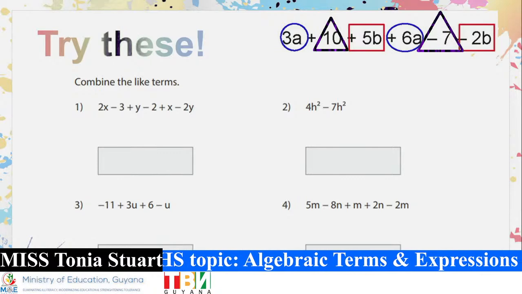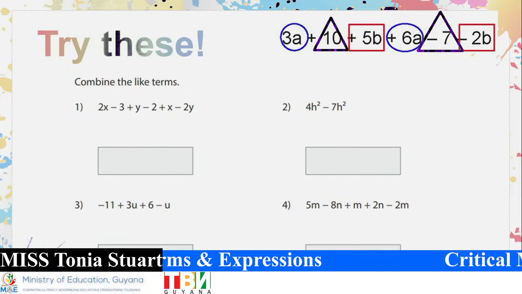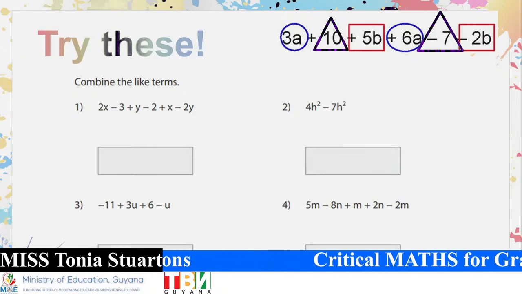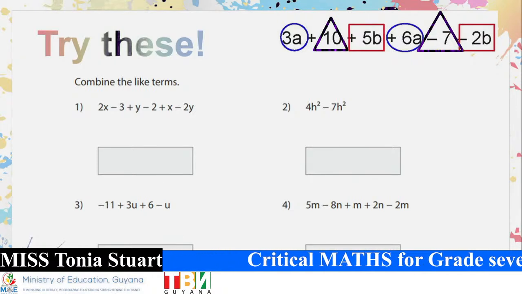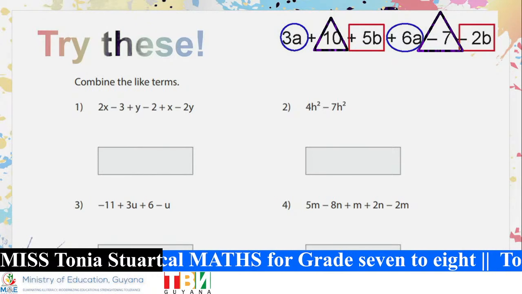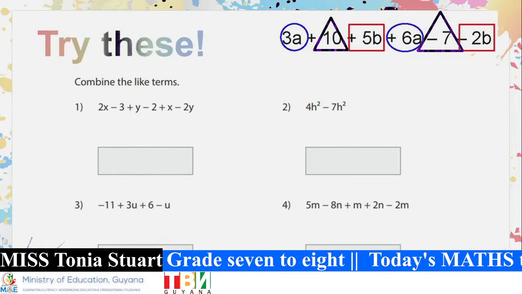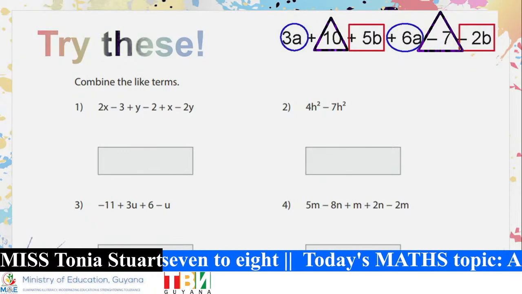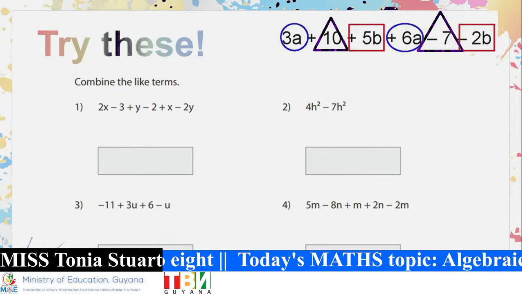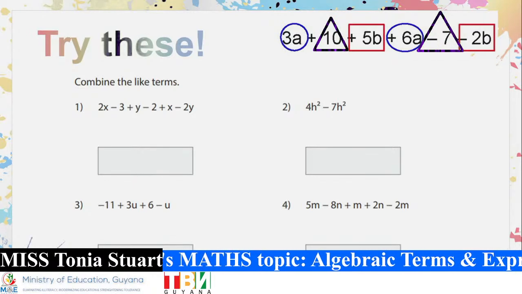And negative 2y and 2x and positive x, 2x plus x. And 3 and -2. So your terms, you had 3 different things to group.